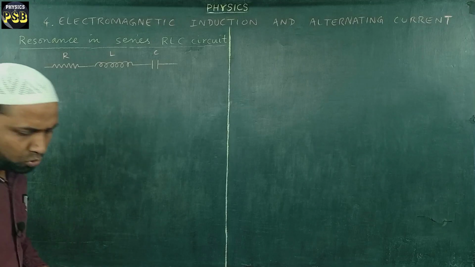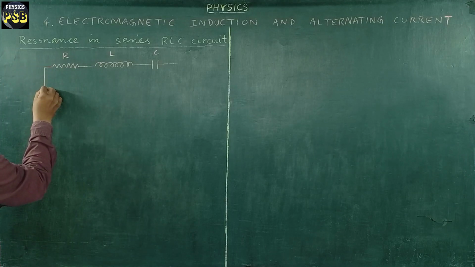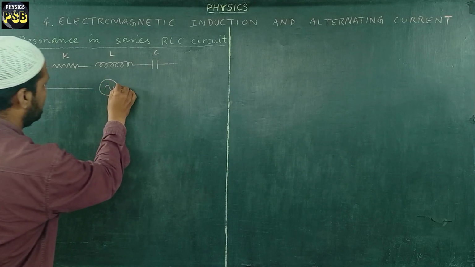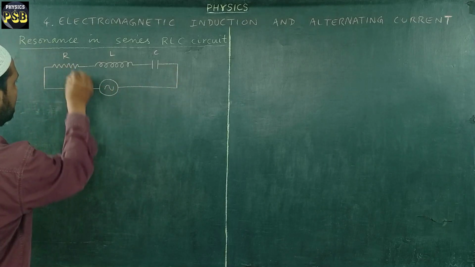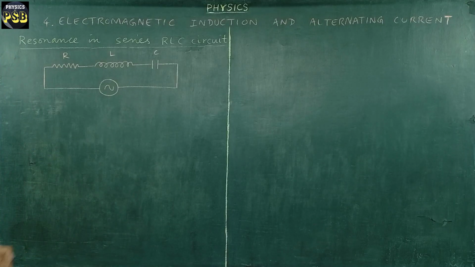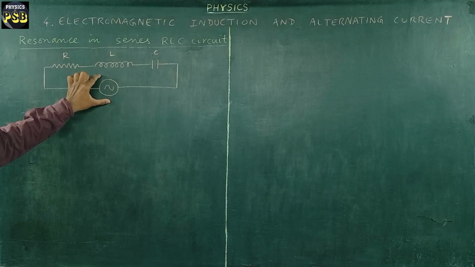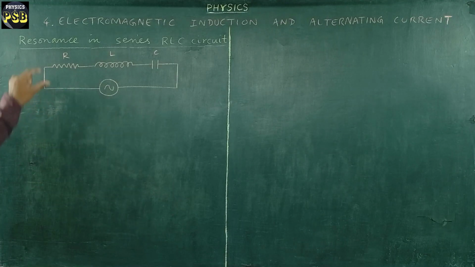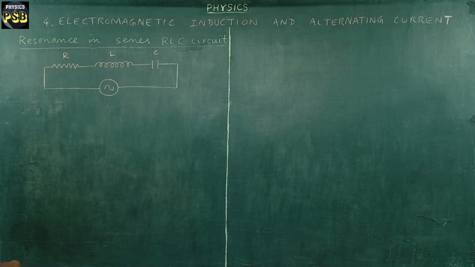Then, to this we apply the AC voltage with the help of this AC source. Now, this RLC circuit is connected to an AC source. When the frequency of this applied AC source matches or becomes equal to the frequency of RLC circuit, resonance takes place.